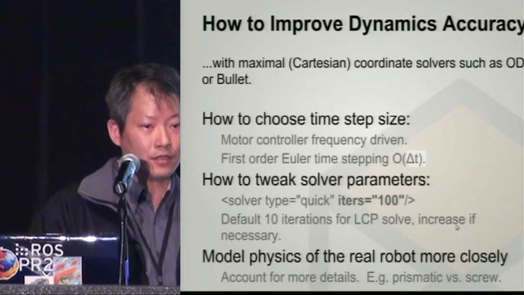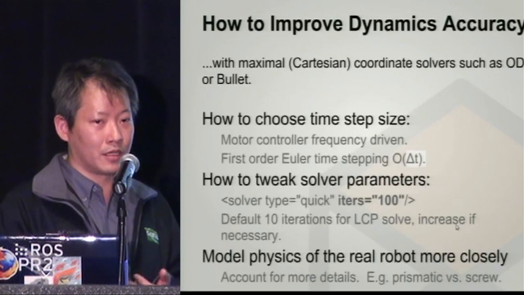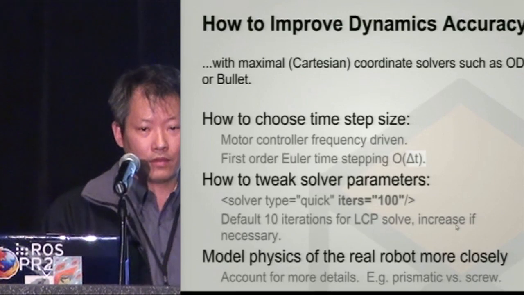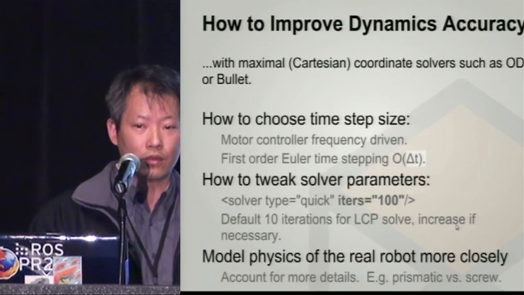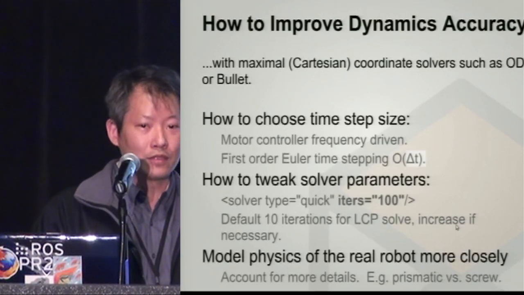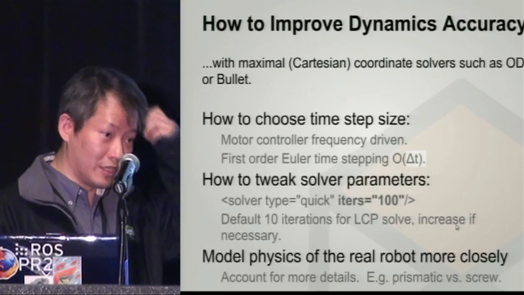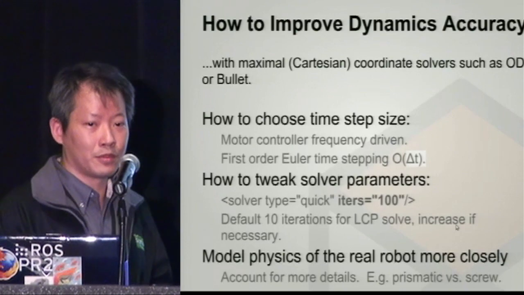Typically, this is driven by something like a dynamic controller on your robot. So if your MCB is running at kilohertz, you probably don't want to pick a lower frequency than that. So for example, the PR2 is 1 kilohertz. The PR2 simulator is currently set at 1 kilohertz for efficiency purposes.